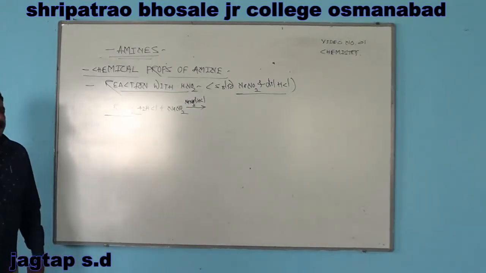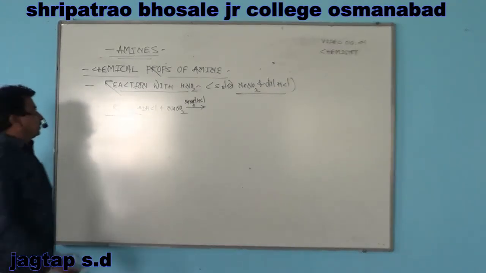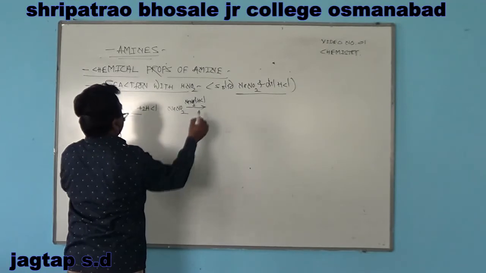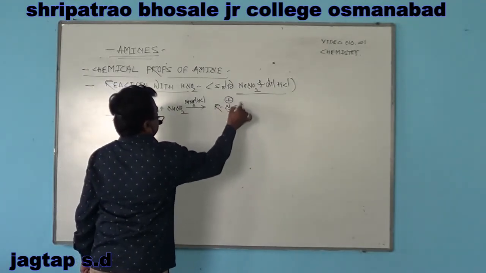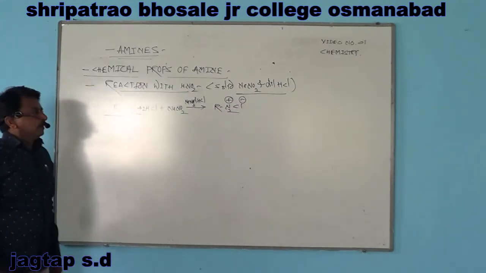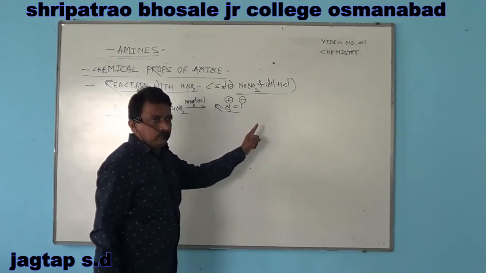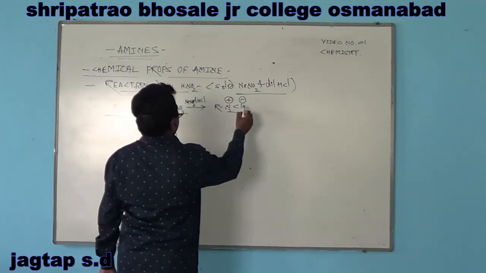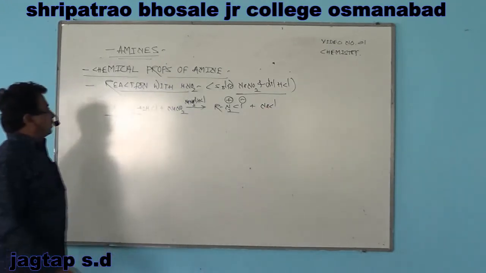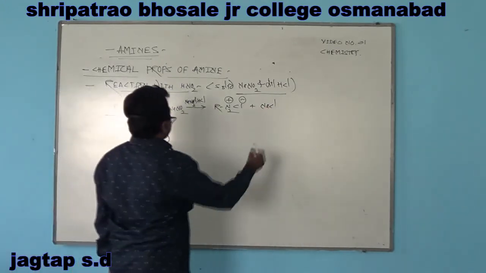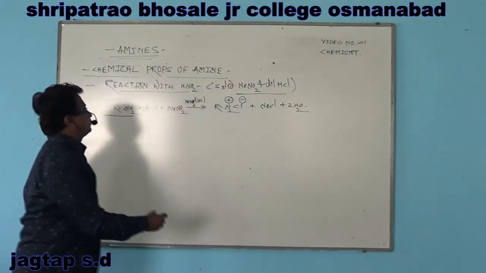The amine reacts with nitrous acid to form a salt along with a water molecule. It gives R-N2+ Cl minus, named alkyl diazonium chloride as a salt, along with sodium chloride and two molecules of water.